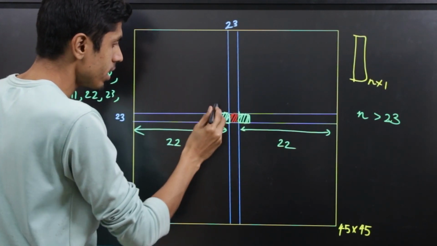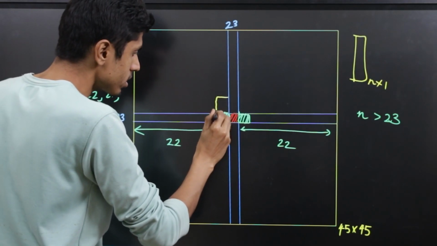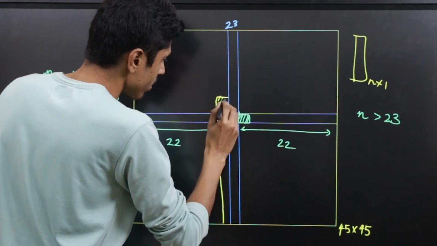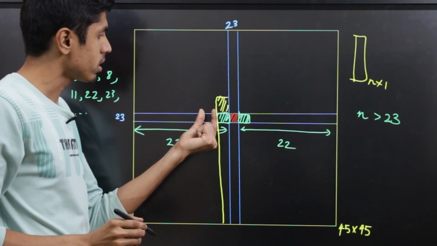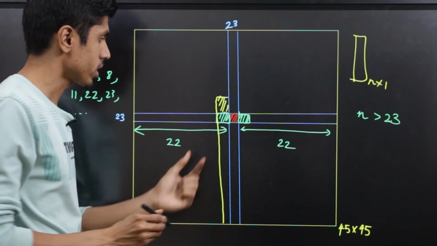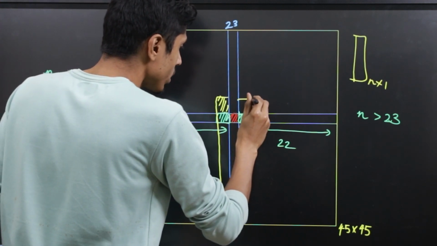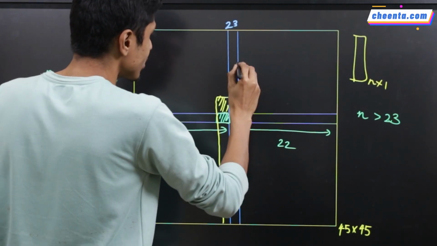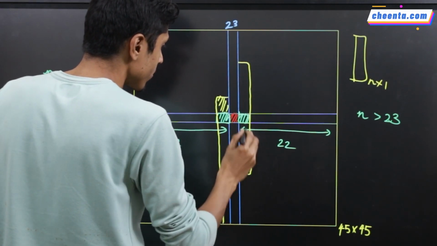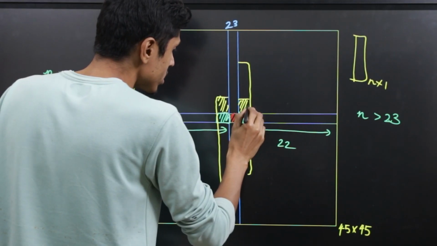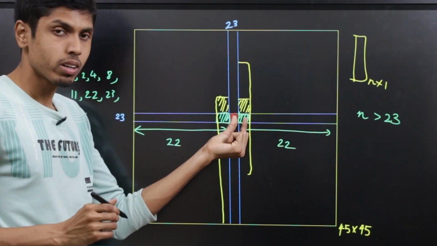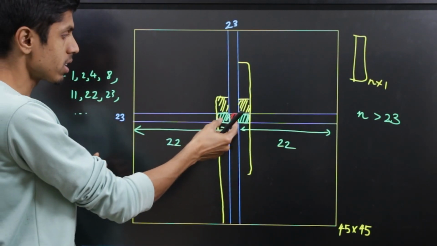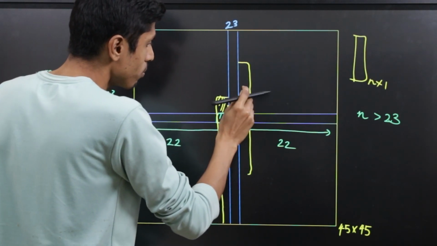Since n is greater than 23, you must have at least one cell above the cell that is immediately to the left of the missing square. Similarly, this square would also be blocked. Either it is paved this way or it is paved like this. Whatever it be, the square just above the cell immediately to the right of the missing central square will also be blocked.